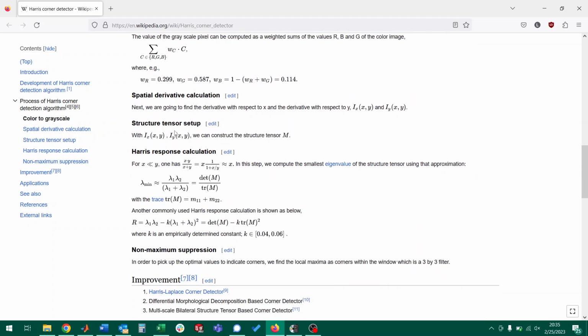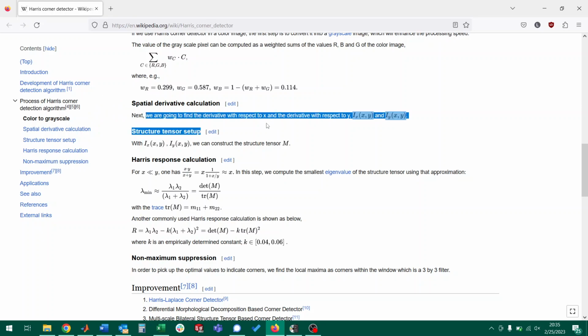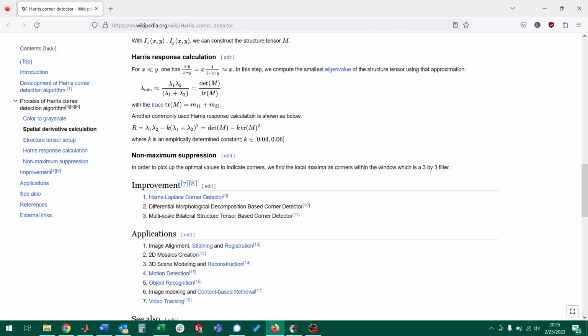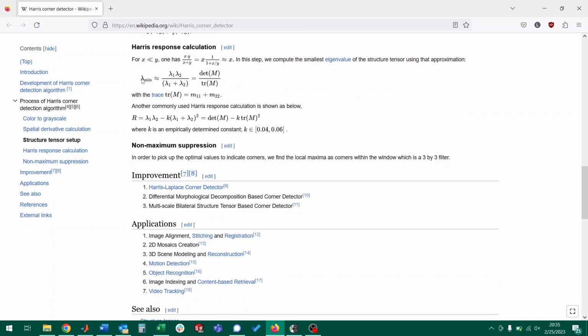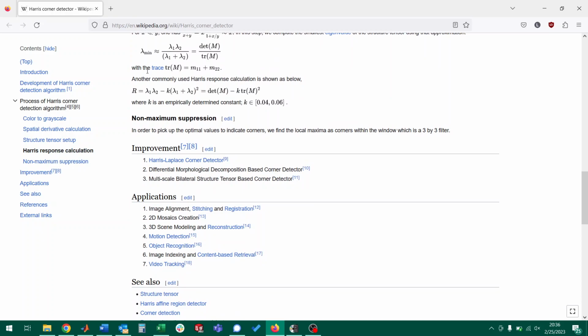So pretty much you take the value of the grayscale pixels with respect to the weight of R, which is the Harris value, and then you take the derivative with respect to x and y, and then you do the tensor setup and create the tensor M. Then you do the Harris response calculation, which is roughly lambda 1 times lambda 2 over lambda 1 plus lambda 2, the determinant over the trace.